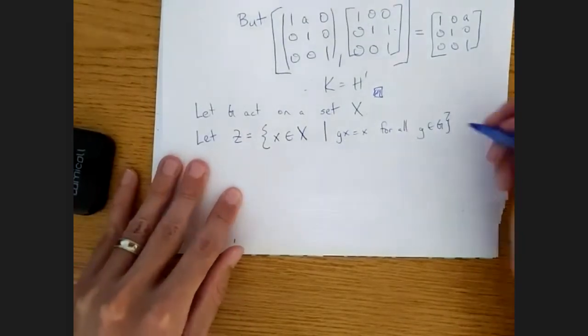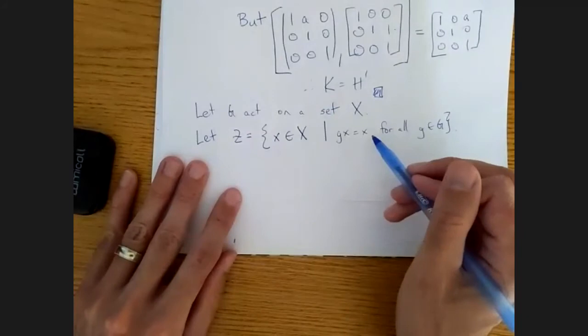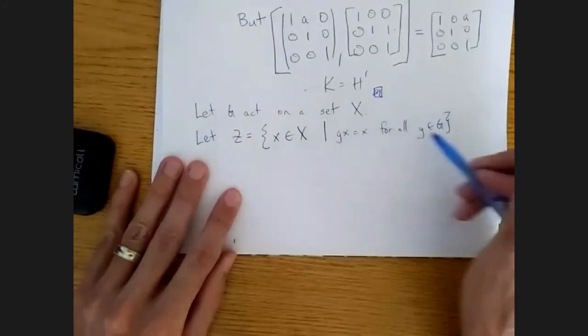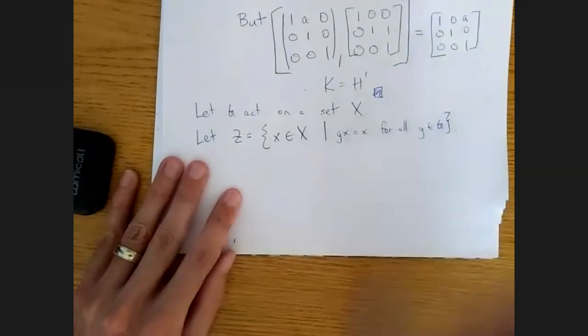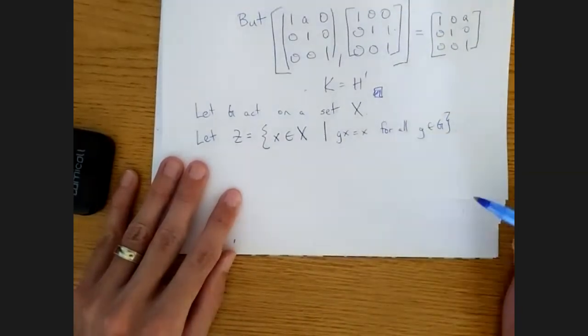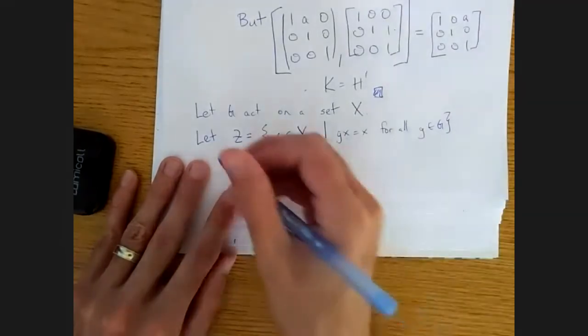Another way to say this is, if gx equals x for all g, that means that the orbit of this x has just one element, itself.